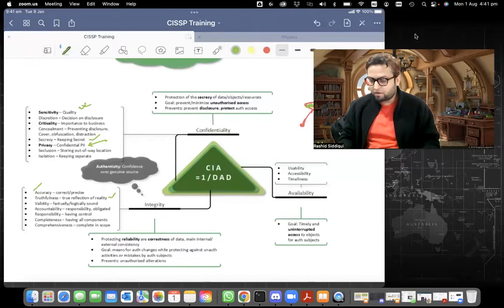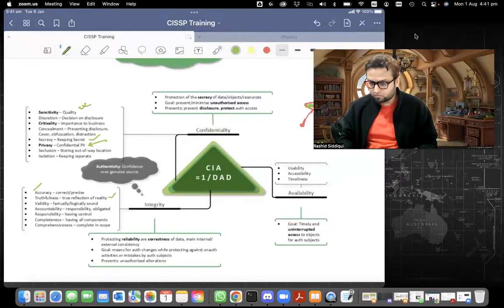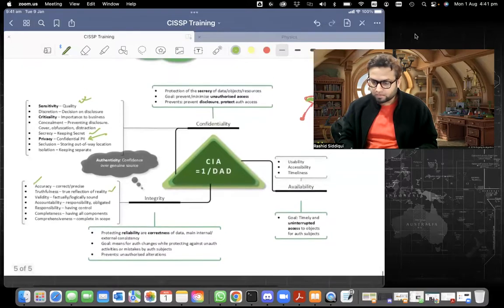Availability is making available the services or the resources or the data or the information, whatever it be. That's availability. The terms which we use in relation with availability are usability, accessibility, and timeliness. So all these things should be there to show that the data is basically available.